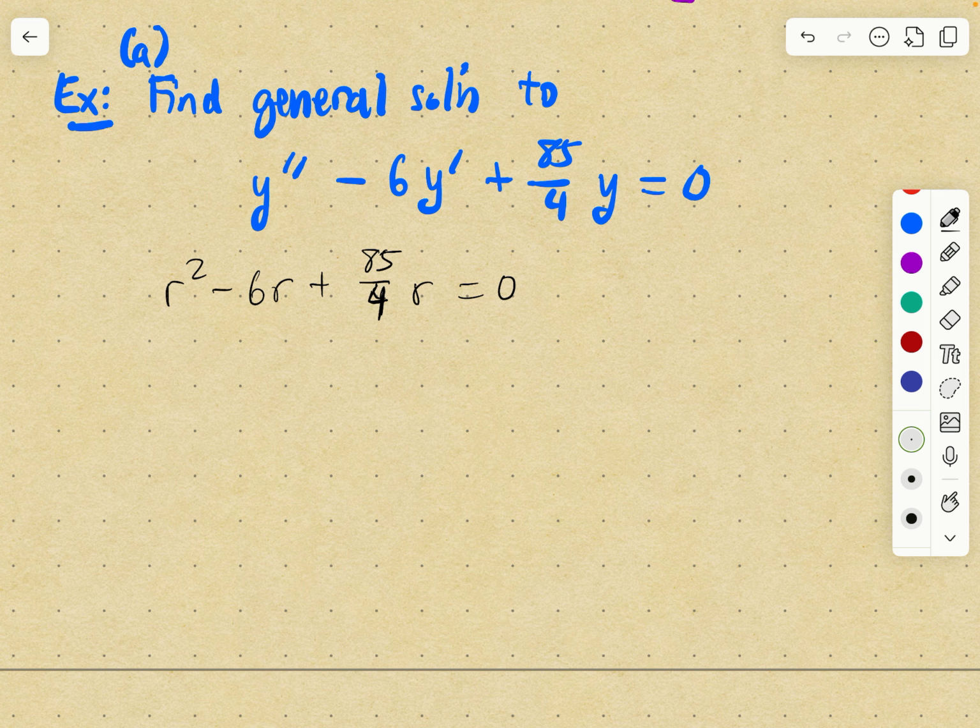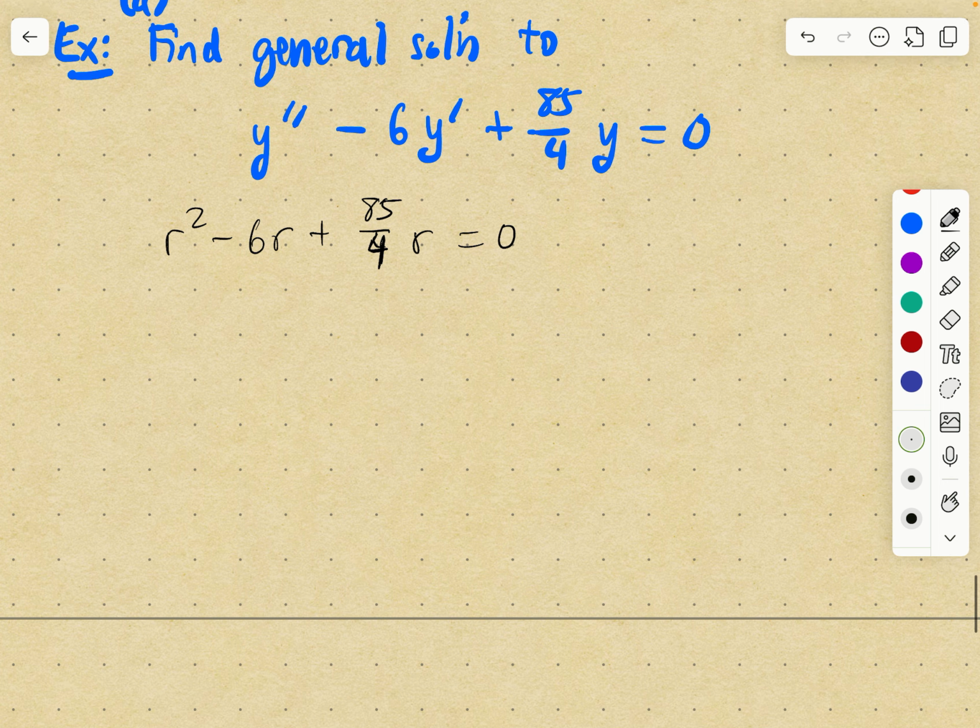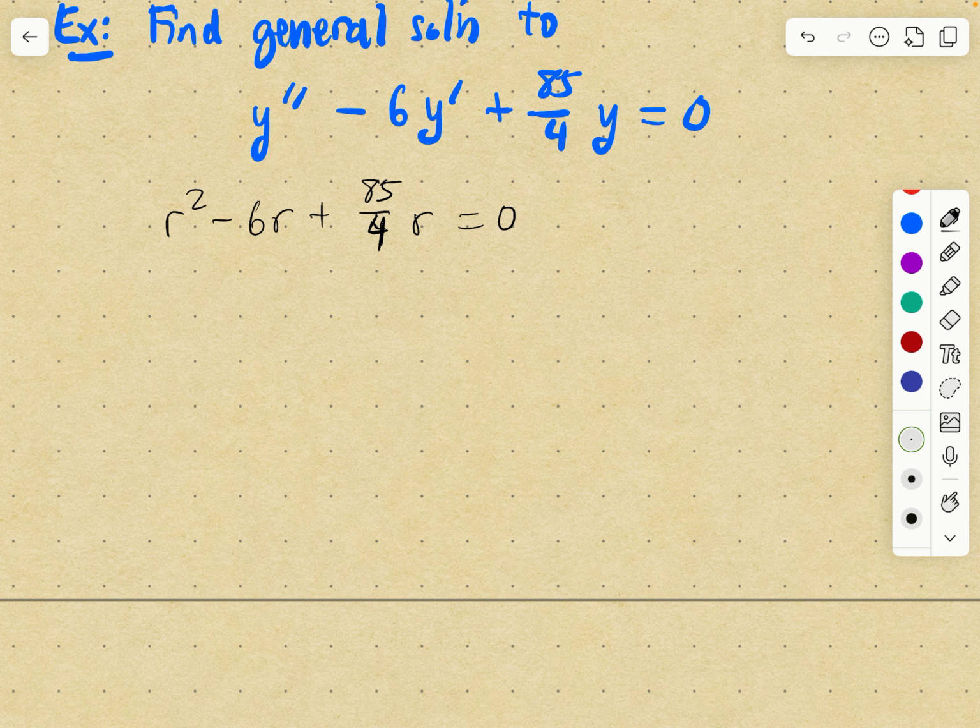And this might be annoying to factor. I mean, you could multiply both sides by 4, but it's still not very easy to factor. So let's actually use the quadratic formula for this.